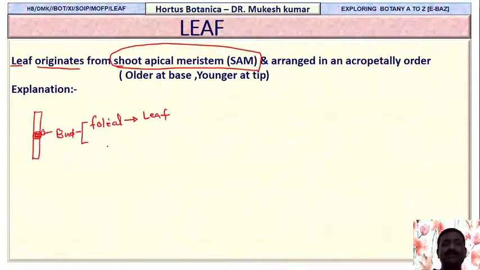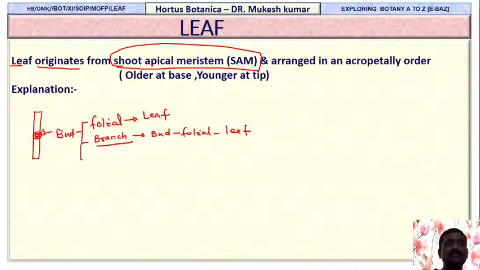But it might be possible that this bud is not foliar, rather it has been left behind. It might be that in the stem we need more stem. So it might be possible they will again branch. From this bud it might give rise to a branch. Over that again a bud will come, and then again a foliar bud will come, and there will be a leaf. Mind well, two cases.